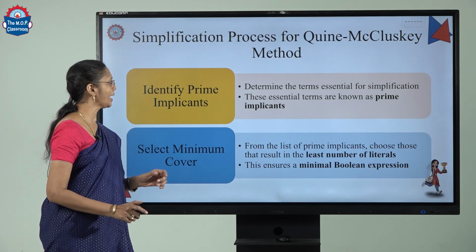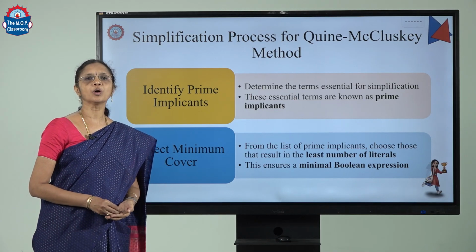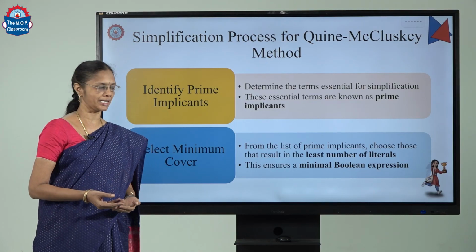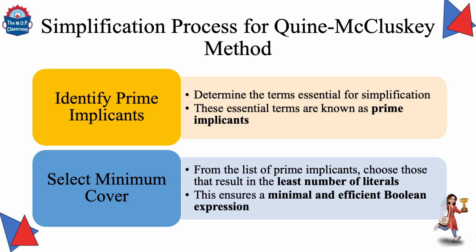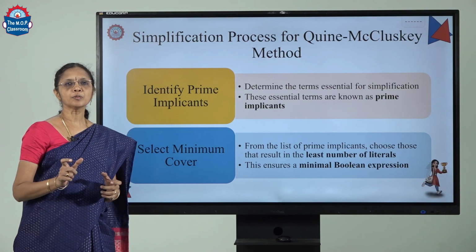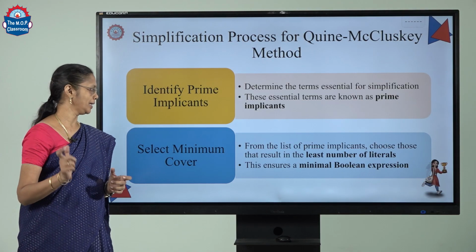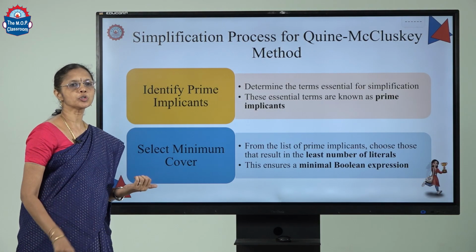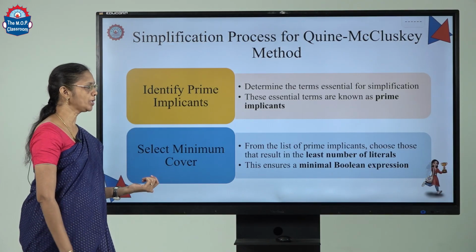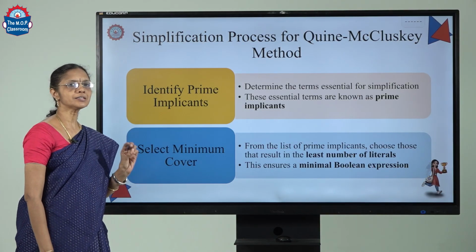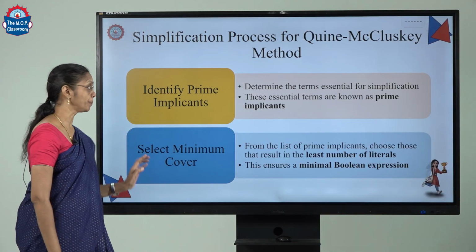From the list of prime implicants, we have to select the terms with the least number of literals, and this ensures we get a minimal Boolean expression.